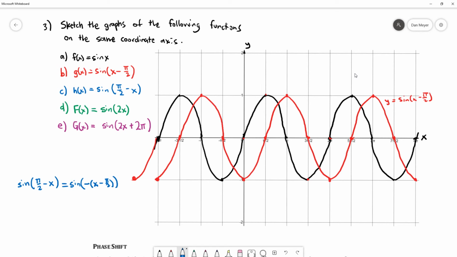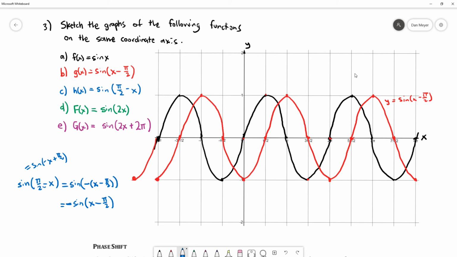And then remember, sine is an odd function, and so the negative comes out. Cosine eats it up. Sine lets it pass through. So instead of thinking about this as multiplication, this really is also the same as sine of negative x plus pi over 2.